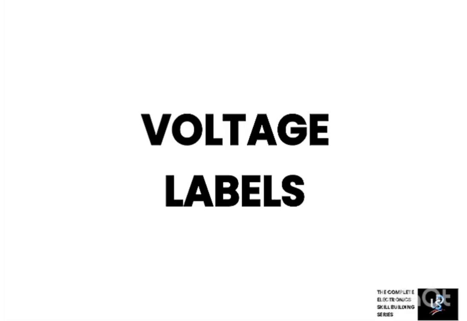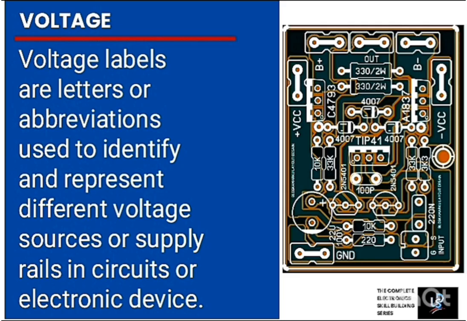Up next, voltage labels. Voltage labels are letters or abbreviations used to identify and represent different voltage sources or supply rails in a circuit or electronic device.